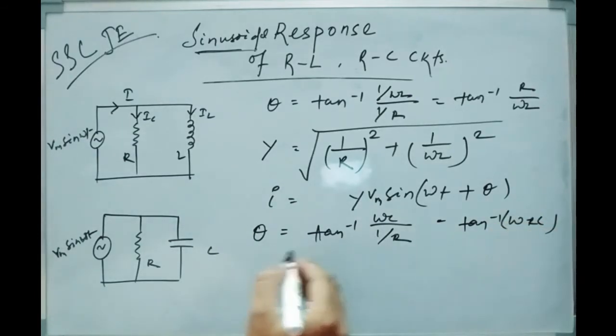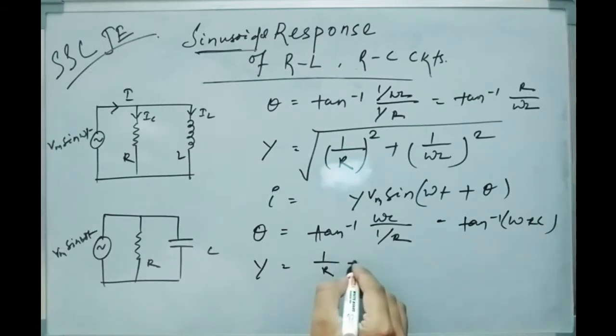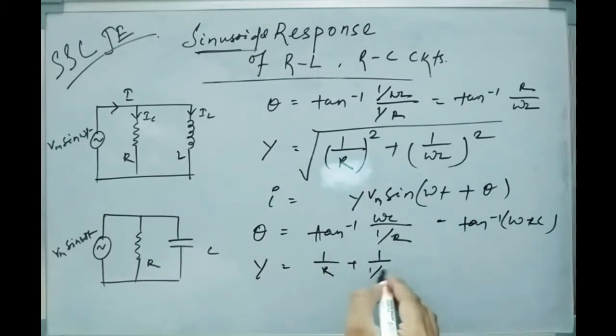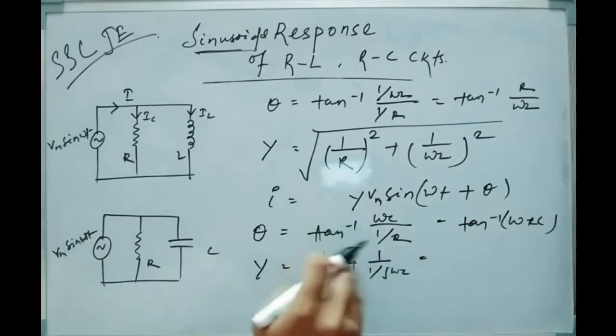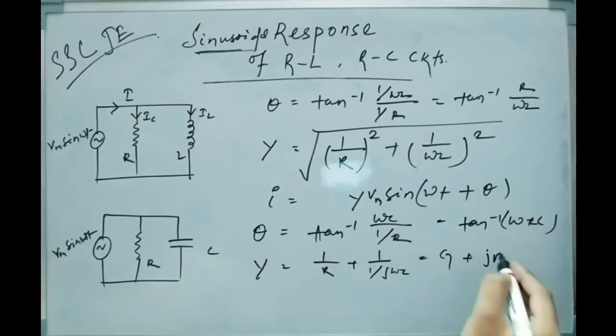Fine. And for admittance, you can write it as 1 by R plus 1 by j omega C. So I am taking the reciprocal of everything. You can take 1 by R as G plus jB.